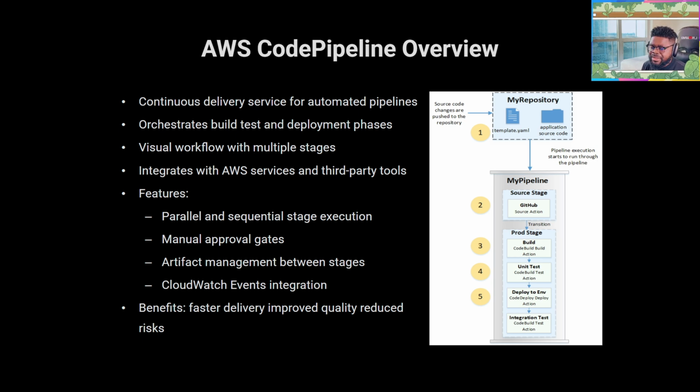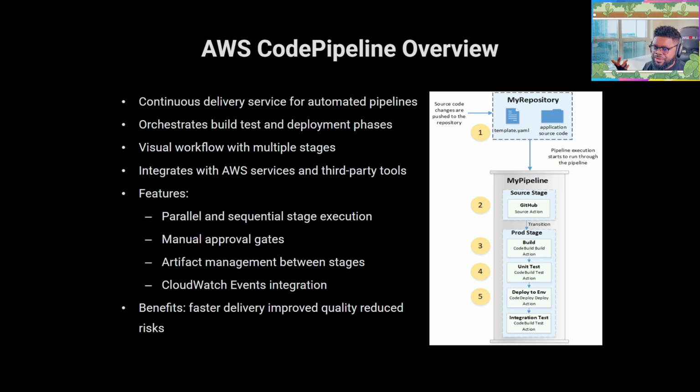Obviously, it integrates with a lot of AWS services, meaning you can have notifications that tell you if a particular step failed, if the entire pipeline failed or it succeeded. You can even trigger a pipeline from an event. There are so many integrations with all the other AWS services, right? You can run stages in parallel if you want, or run them sequentially. You can also have a manual approval for a pipeline to say, okay, we're done with everything, but are we good to deploy?